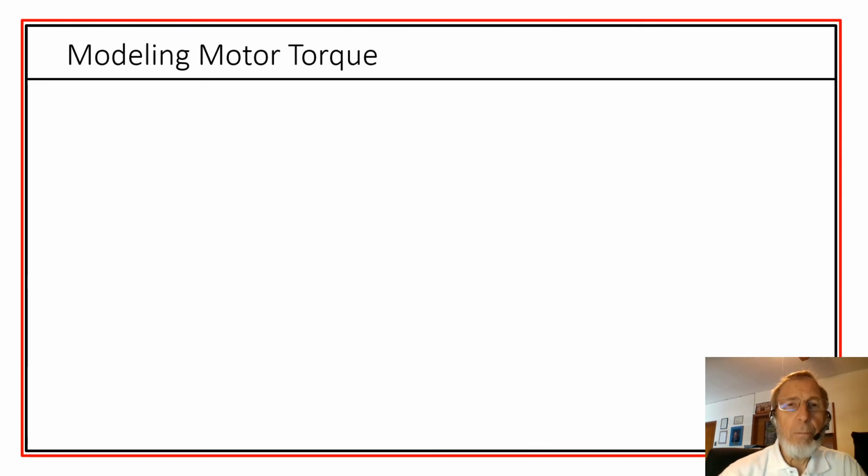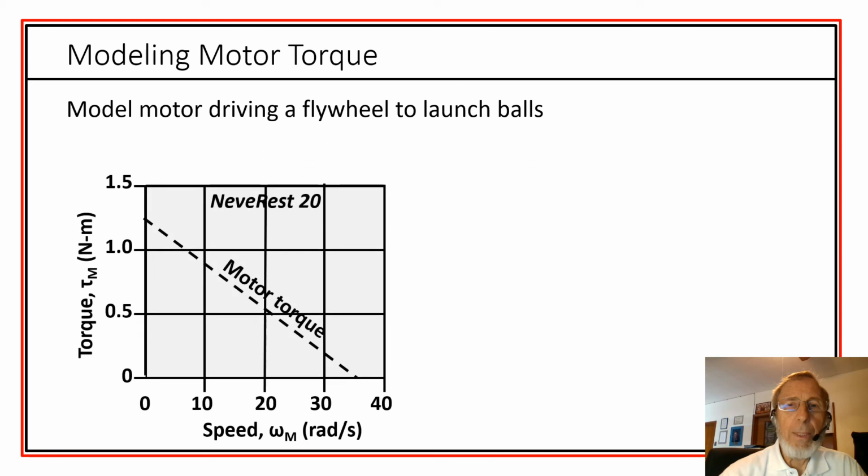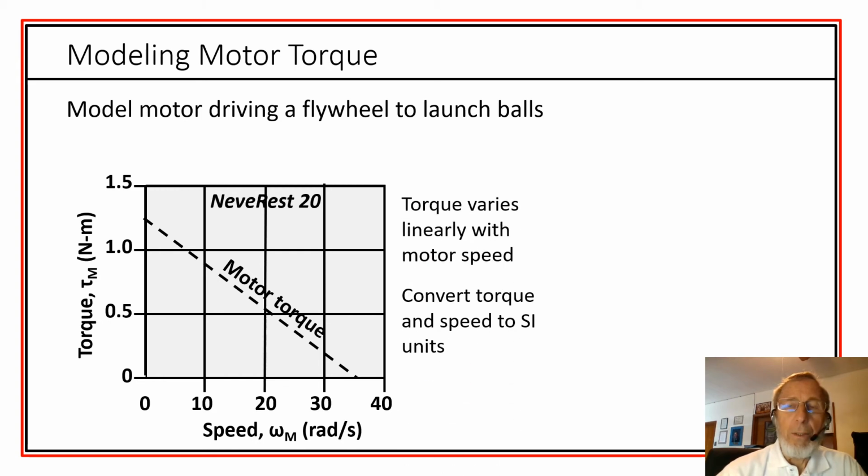As we move ahead to model the motor torque, let's look at the motor curves and note that, number one, we need to convert the torque that we get from the motor information into the units we're going to use for our calculations. Since I'm going to use SI units, I convert the torque to Newton meters and the speed to radians per second. And notice that the torque varies linearly with motor speed.